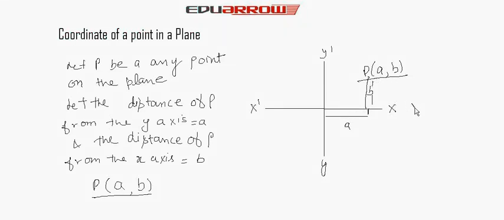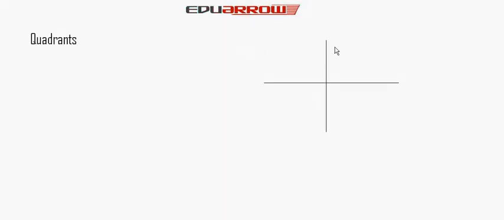Now we read about the quadrants. This is the first quadrant. This is the second quadrant. This one is the third, and this one is the fourth quadrant.